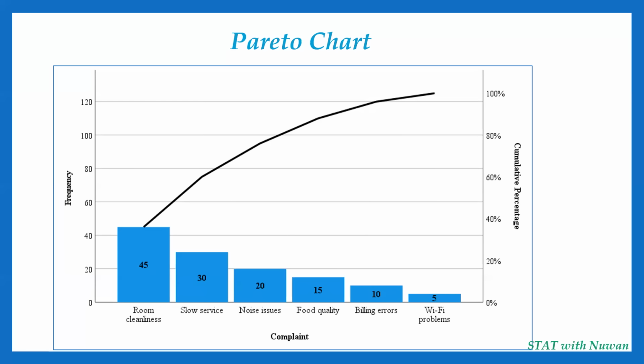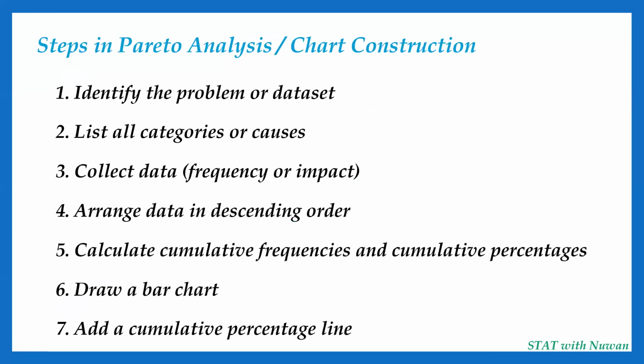Let's consider the steps in constructing the Pareto chart. Firstly, identify the problem, then list all categories or complaints. The third one is to collect data like frequency or impact.